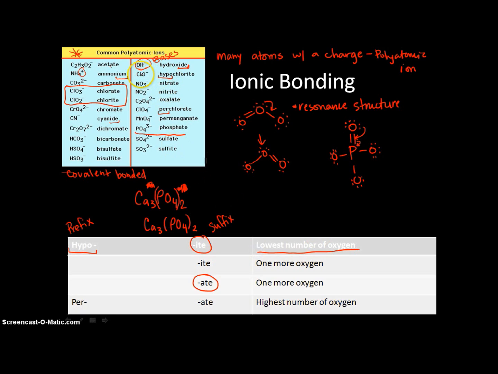So if we look up here, we have hypochlorite. So if we just put chlor in here, hypochlorite has the lowest number of oxygens, and so that would be in this case 1.